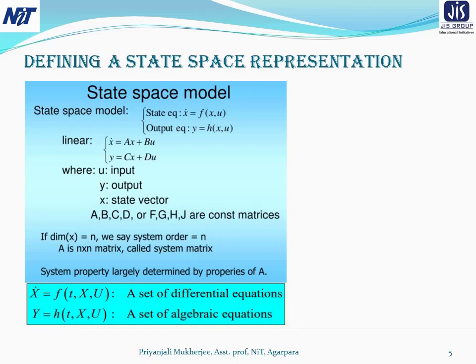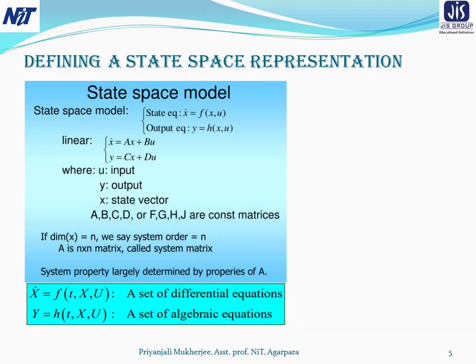For a linear system, the state space model can be expressed by two equations. One is the state equation and the other is the output equation. The state equation is x dot equals Ax plus Bu, and y equals Cx plus Du.